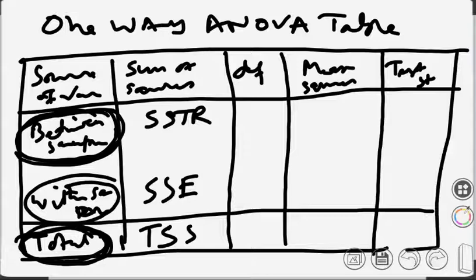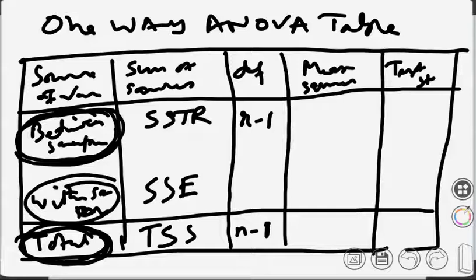Now, let's go to the degrees of freedom part. For total, it is n minus 1 degrees of freedom, and in this case this is r minus 1 degrees of freedom. R minus 1 means between the groups.